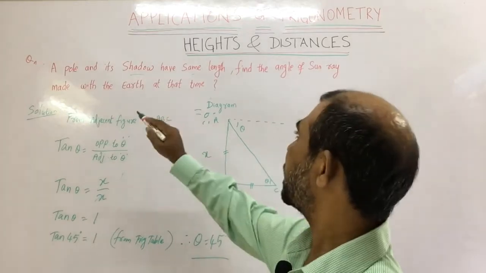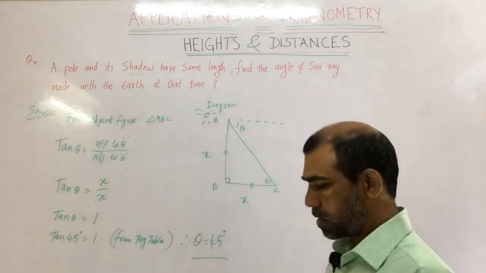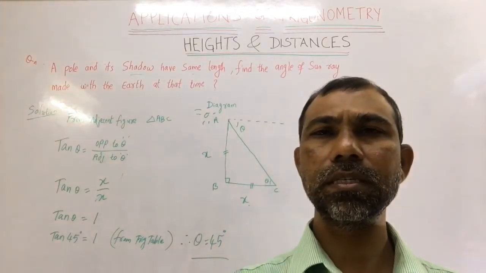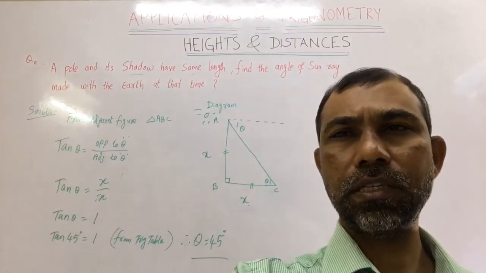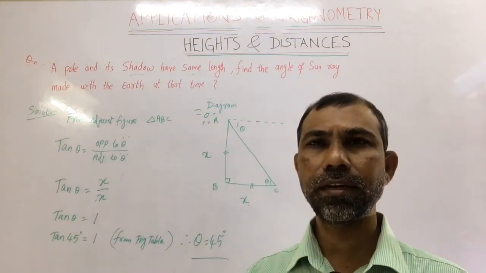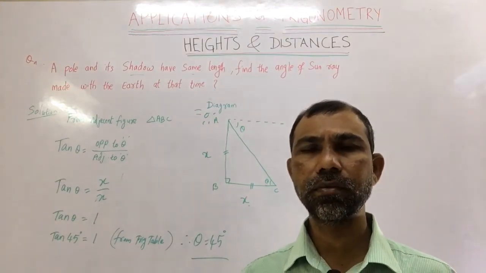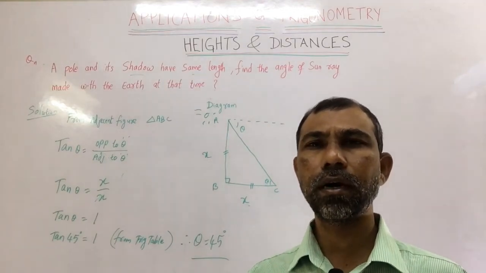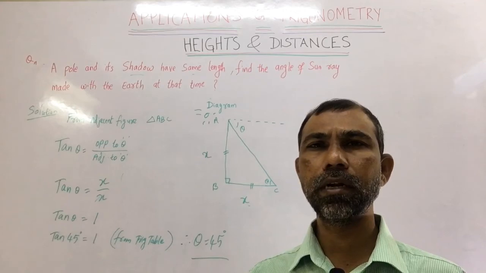So the angle of the sun rays made with the earth is equal to 45 degrees. In any given question, you need to read the question, then draw the diagram, and finally solve by taking one known value and one unknown value in the trigonometric ratio.